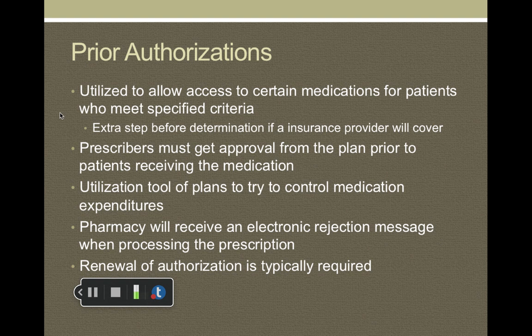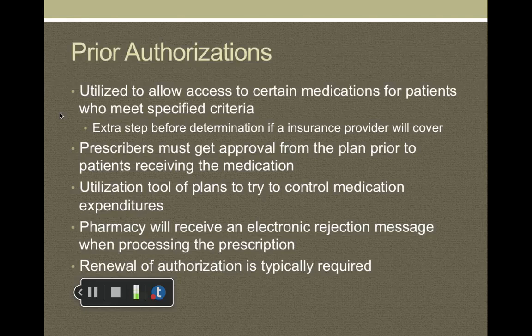For patients, they don't always know where to go to get that information. For prescribers, they have generally thousands of patients within an office, which means hundreds of different plans, and so it's just not feasible for them to always know what medications are going to receive a prior authorization or not.